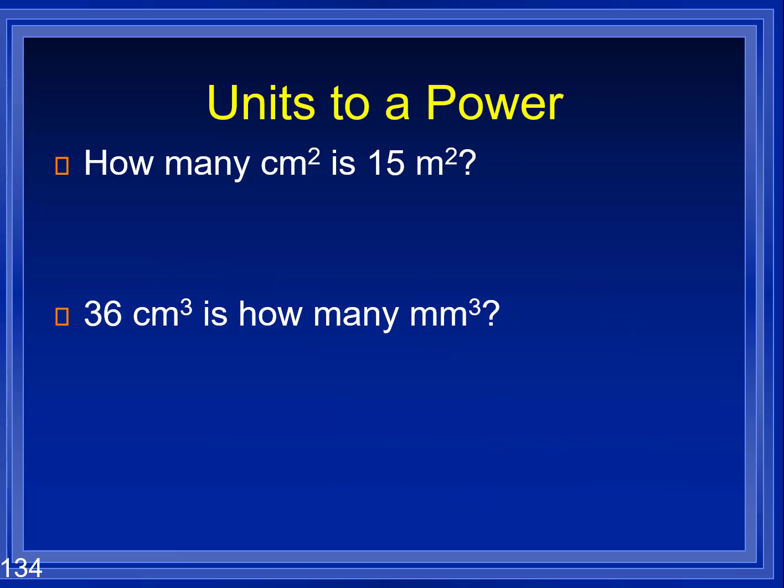So it works for area. How many centimeters squared is 15 meters squared? Uh, 1.5 times 10 to the negative 3rd.